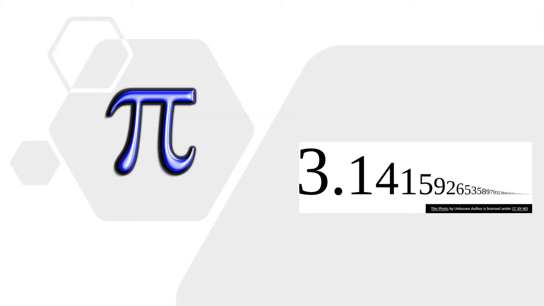Now, as you can see, it's actually a longer value than 3.14, but we round it because you're not going to write the entire value of pi every time you use it. Your calculator has a pi button, which you can just press and it will calculate things using pi.